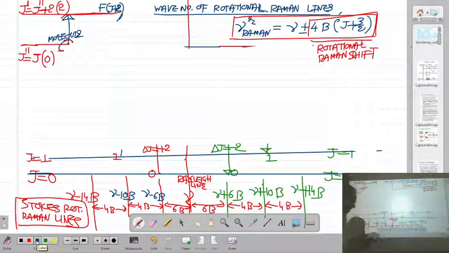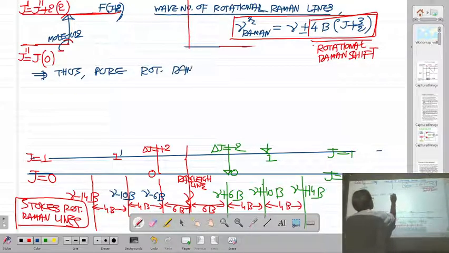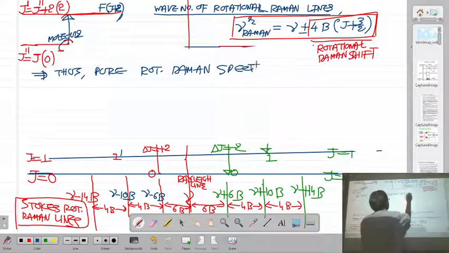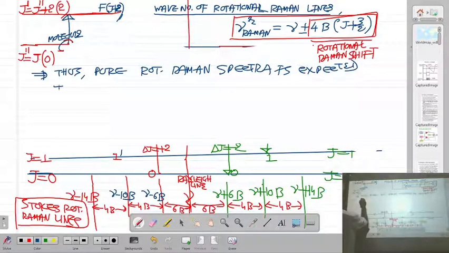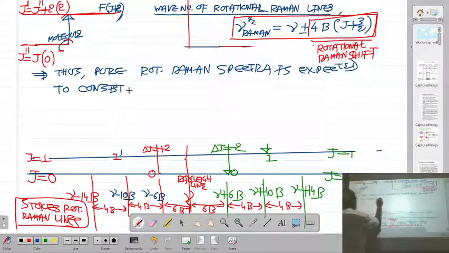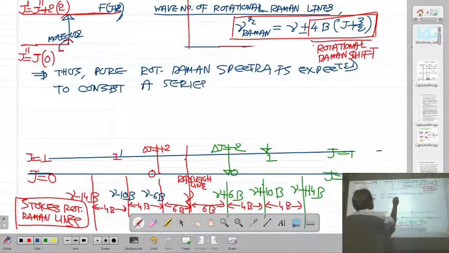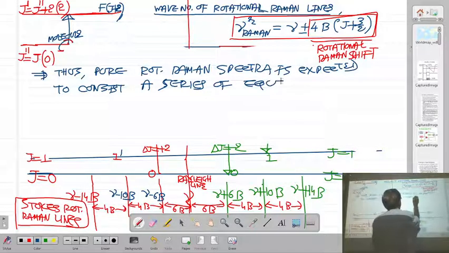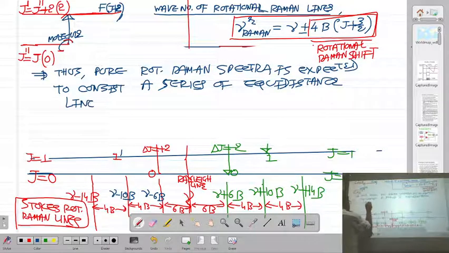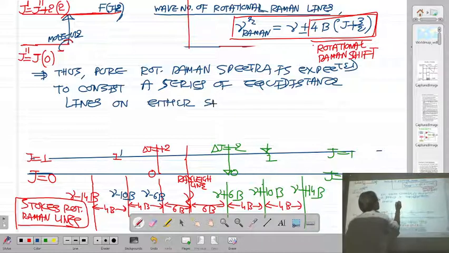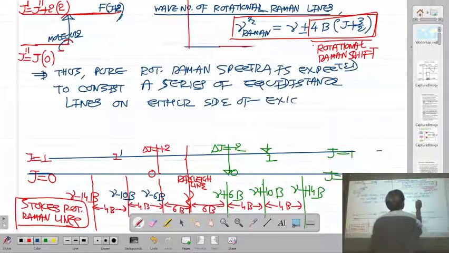So the pure rotational Raman spectra is expected to consist of a series of equidistant lines on either side of the exciting line or Rayleigh line.